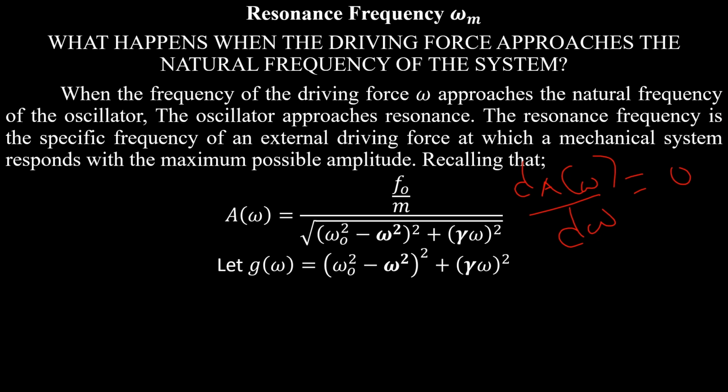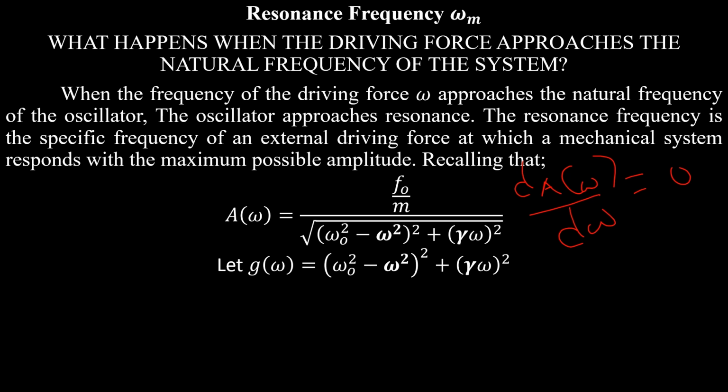So instead of differentiating the entire A of omega, we can just take the denominator and differentiate it instead of passing through all the plenty algebra, because we're still going to divide 0 by that, and it's still going to give us 0.